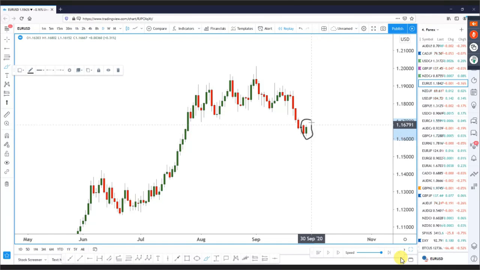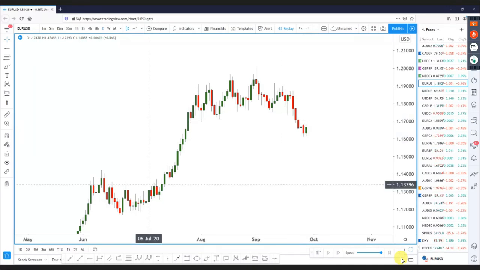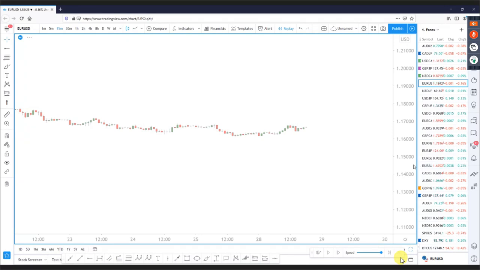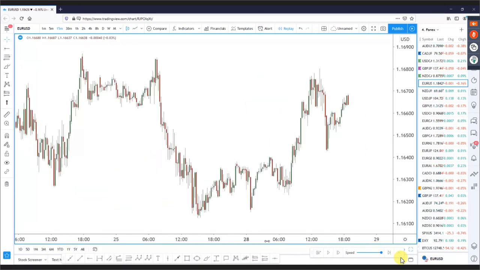So every day it gives me one more information. Just one information to tell me whether I should continue to be in this trade, or exit, or move stop loss to entry. So if you're someone with a bit more time, maybe you can go into the hourly and even the 15 minutes.